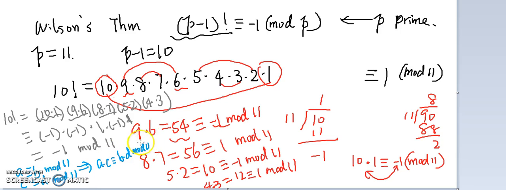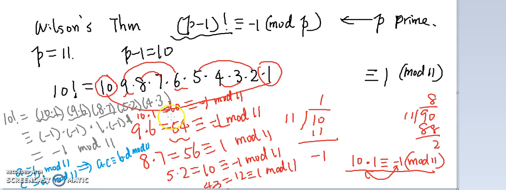I'm using this property because I'm going to multiply all these left sides. For example, 10 times 1 is 10, which is congruent to -1 modulo 11.